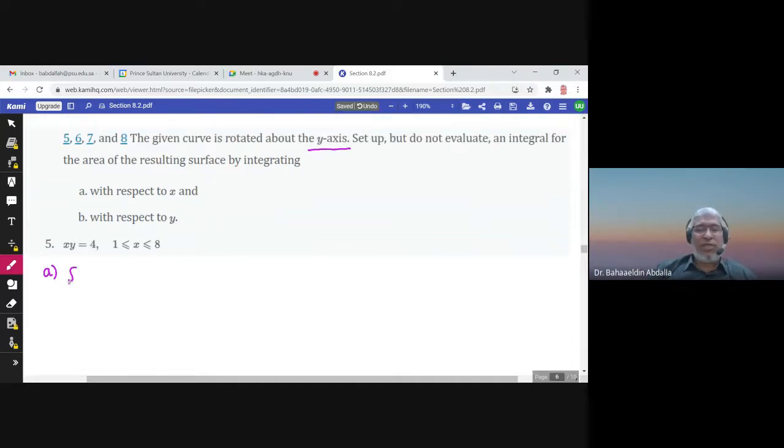So S is the integral of 2 pi x ds. And now, to have the integral with respect to x, I will write ds as the square root of 1 plus, I need dx here, (dy/dx) squared. And I need y to be a function of x.